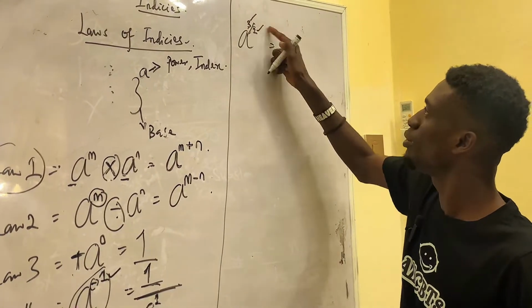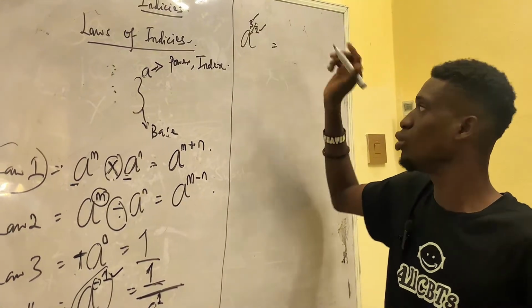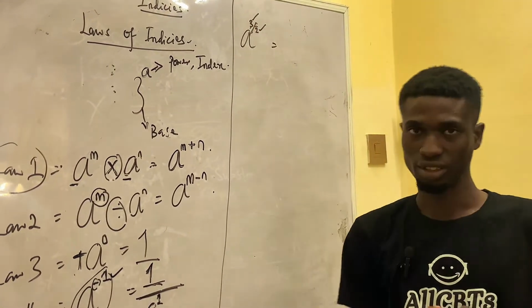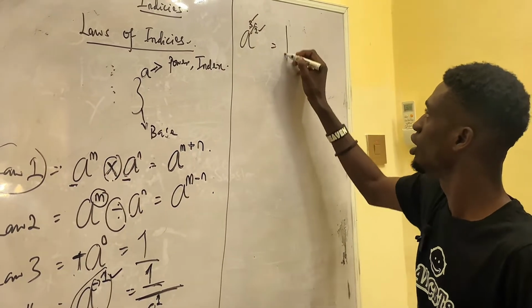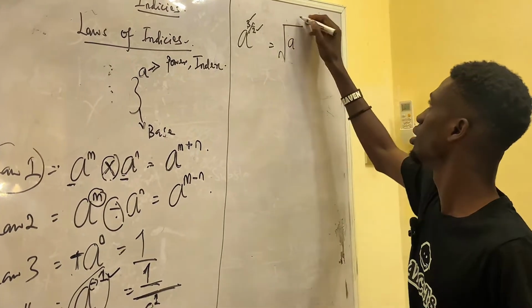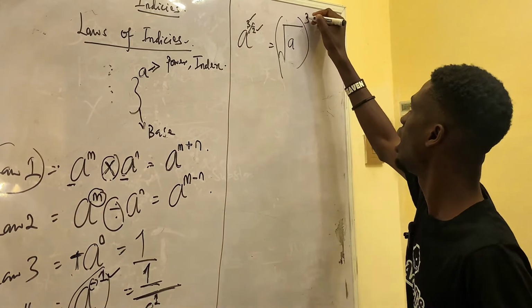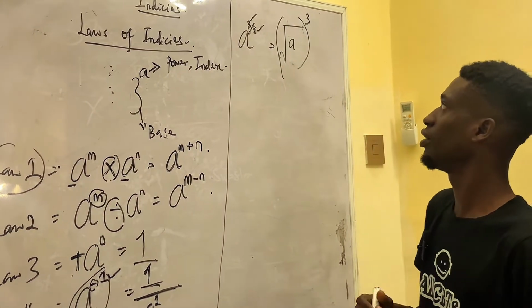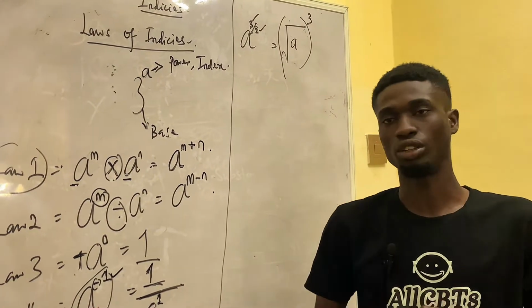Your denominator will become the root of your base. So inversely, this 2 now will become the square root of a. Then I'm left with my numerator as the power. That's what the fractional law is trying to tell us.